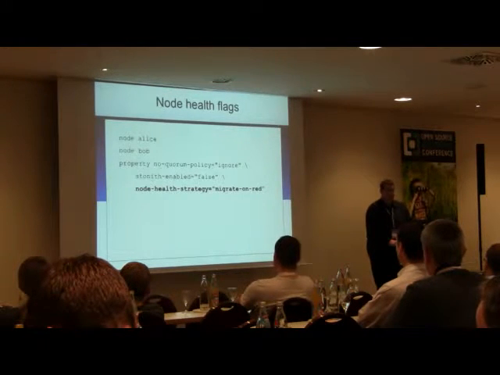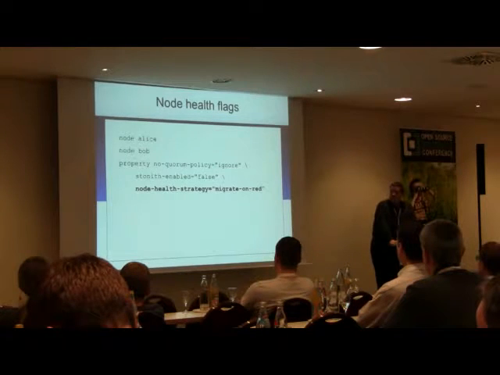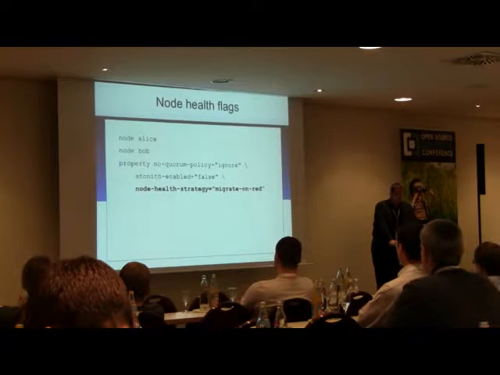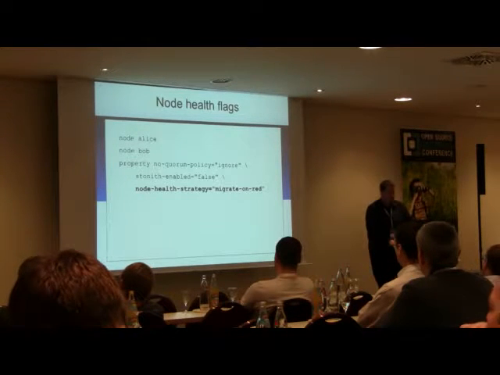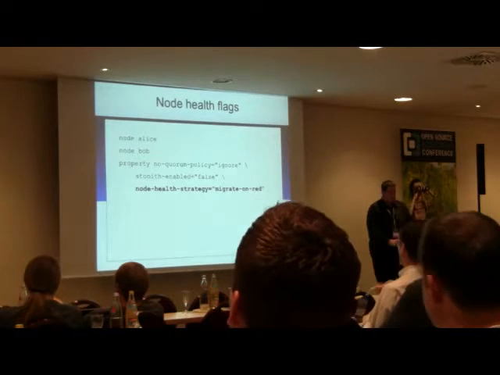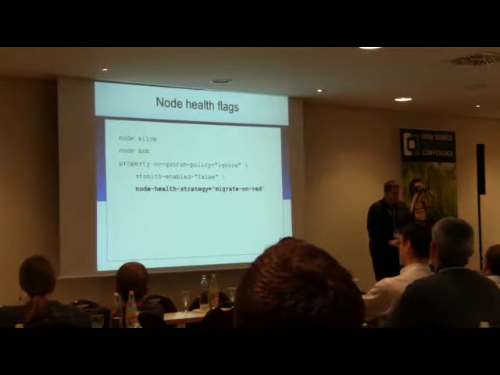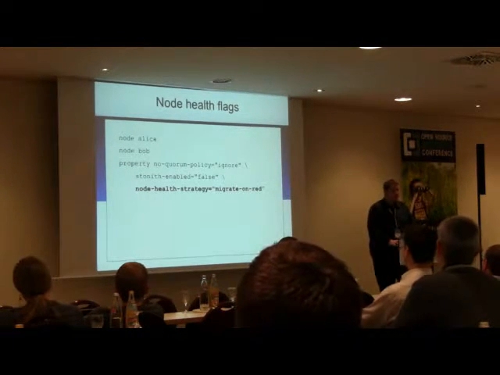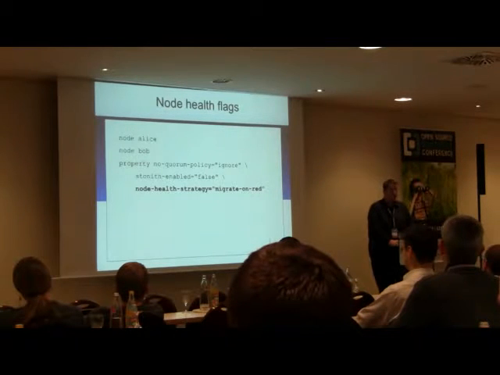We do have a two-node cluster here, Alice and Bob, and we do have a property configuration entry in our Pacemaker configuration. And the line that you see in bold is the important line if you want to use node health flags. This parameter node-health-strategy can take a lot of parameters.